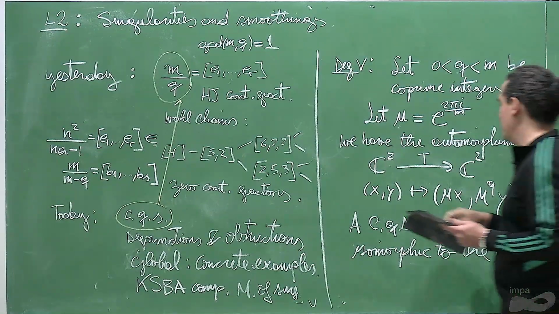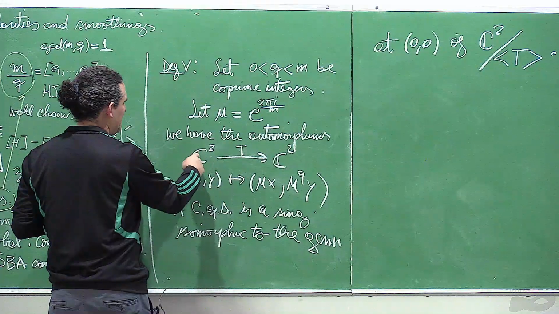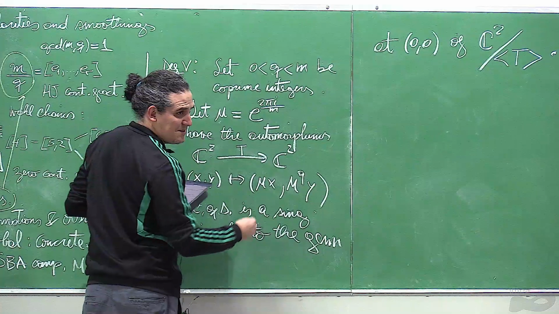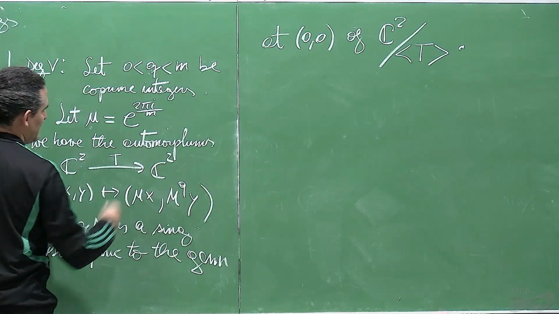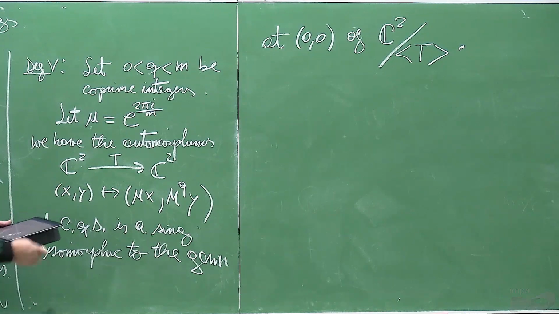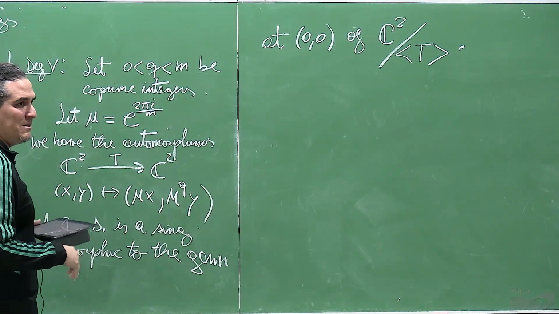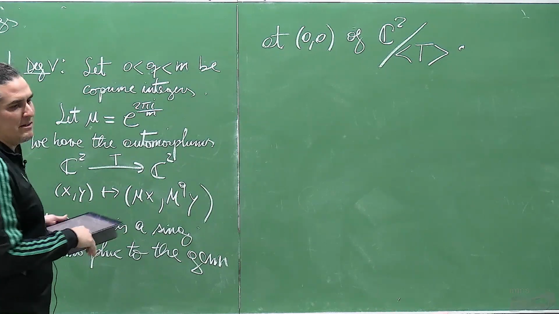You might define that in higher dimensions. Let us start with C. If you have C to C, a cyclic action like x going to mu x, then in the quotient you don't have a singularity, right? If you have a Riemann surface and a cyclic group acting, then you quotient by that group and you have, again, a Riemann surface.